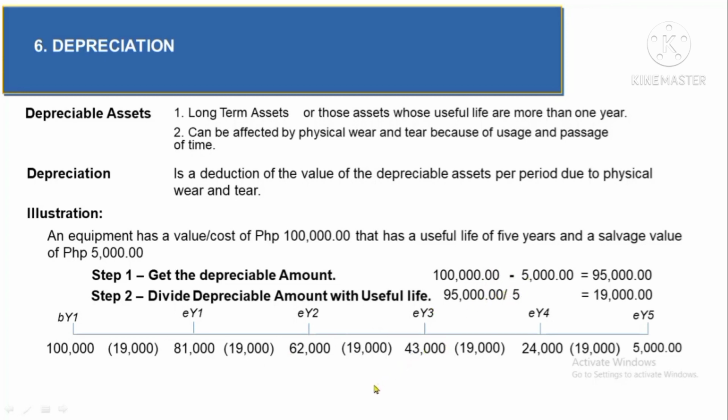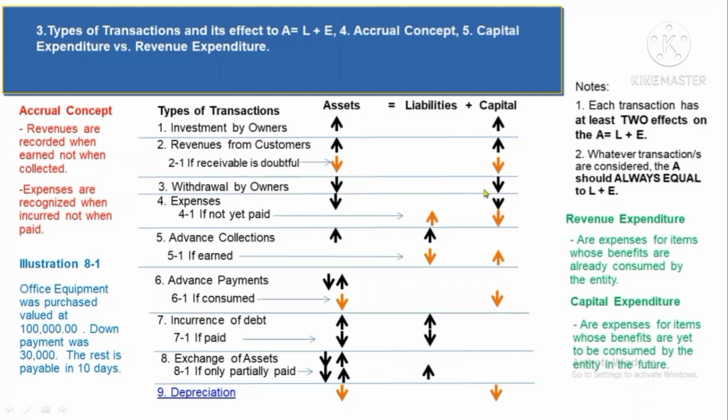And now, let's go back to the previous slide. So, we are back on this slide to tell you one thing, and that is, these transactions related to these arrows with orange colors are to be recognized usually at year end. For example, these doubtful accounts are to be estimated usually at the end of the year.